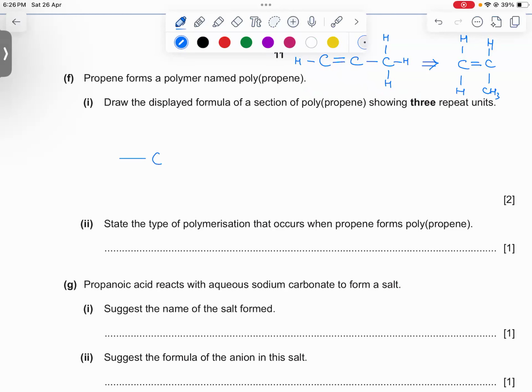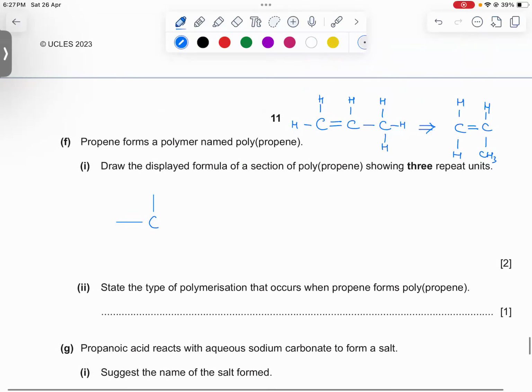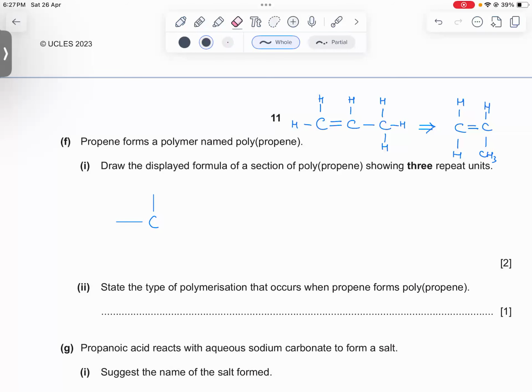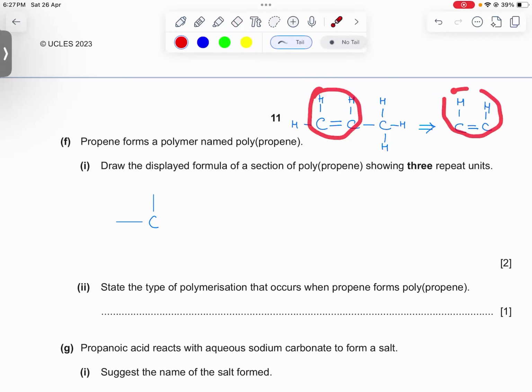Wait, sir, can you repeat how you did that? Yes, I can absolutely repeat how I did that. Basically look, this much you can see is already here, right? What you need to do is have these sides empty. This side, which you need to keep empty, has a hydrogen. Just shift it downwards.